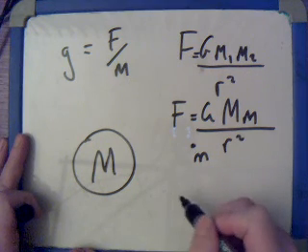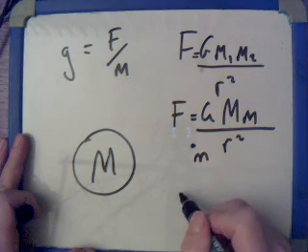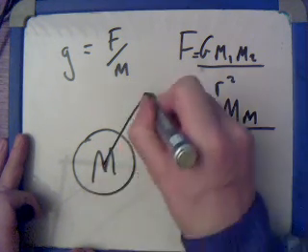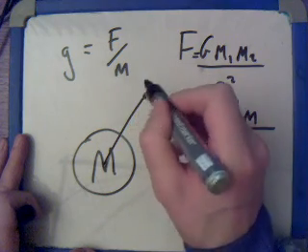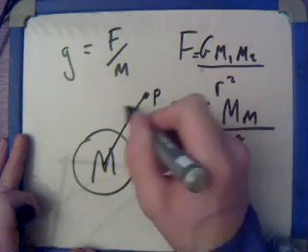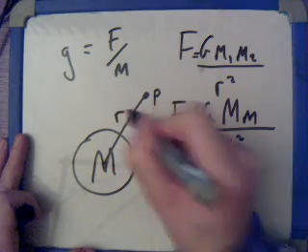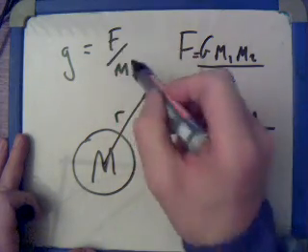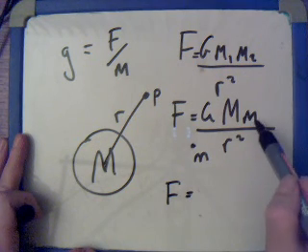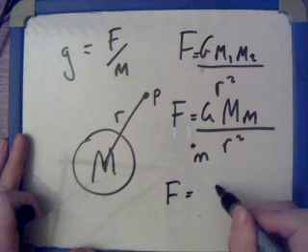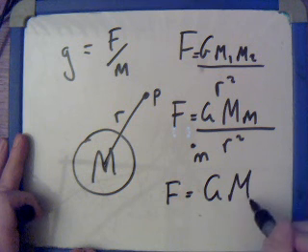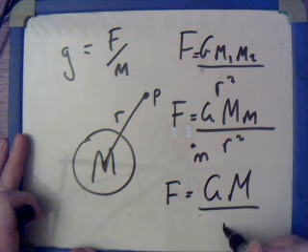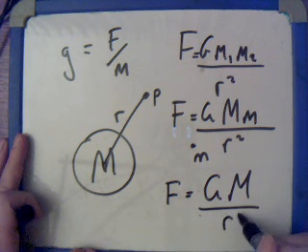So the gravitational field strength at a point P of a small mass, a distance r from it, would simply equal F divided by m. So all this divided by m, so the m cancels out, which gives you GM over r squared.